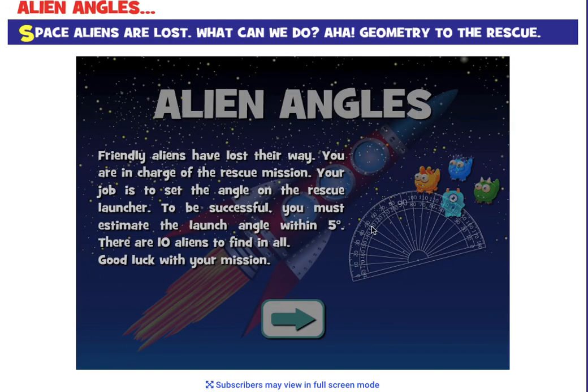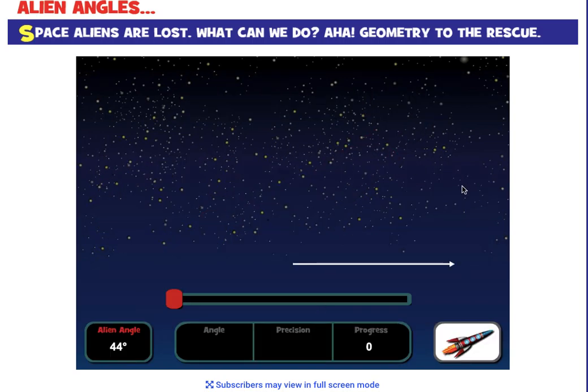Alien Angles, the second game that I have for you, is going to help you estimate angles, estimate the measurements of angles. So this game gives us a baseline angle and an angle that we need to create.